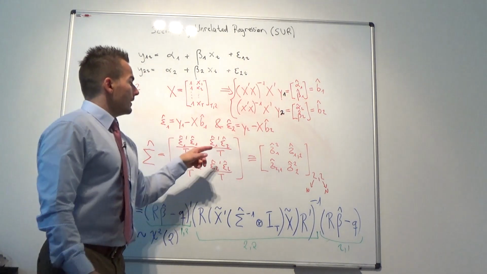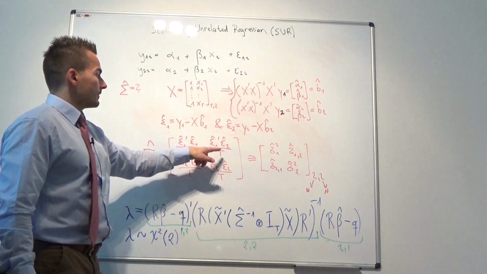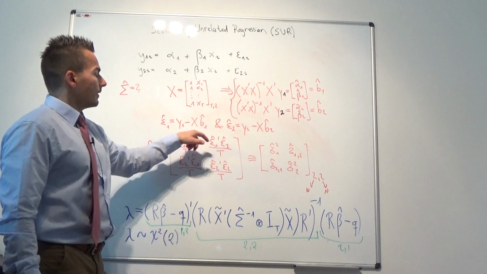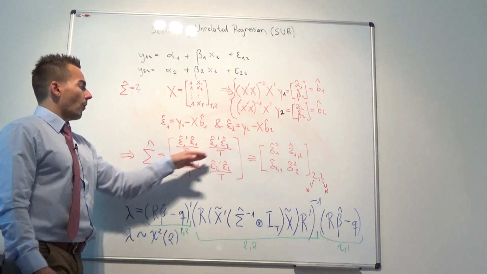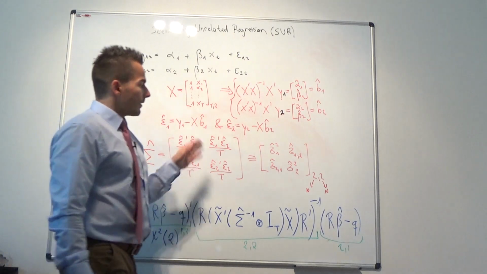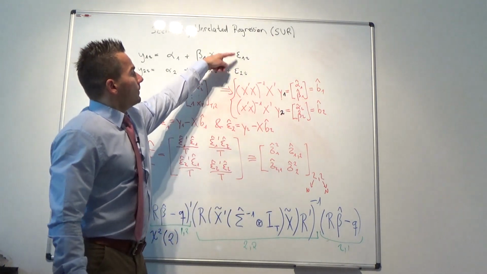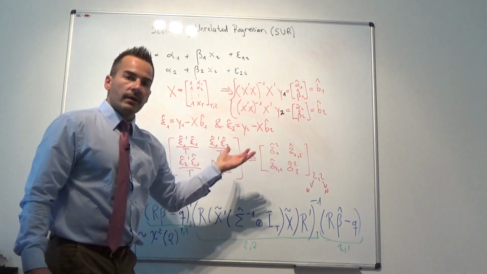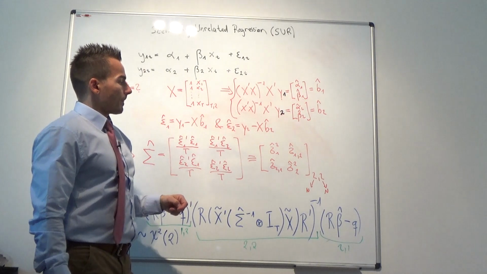Well, it's the epsilon 1 hat transposed times epsilon 2 hat. It's the covariance, and we have to divide the scalar product by the number of time series observations. We do this for all elements here. And that's then obviously the residual covariance between these two test assets.